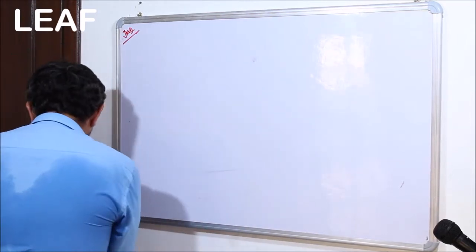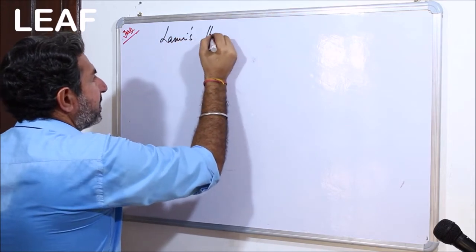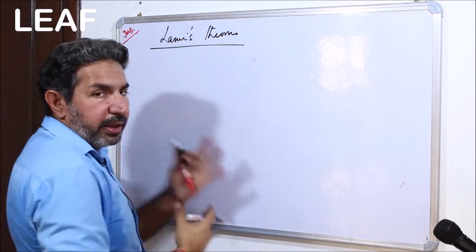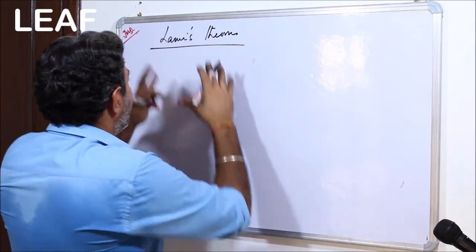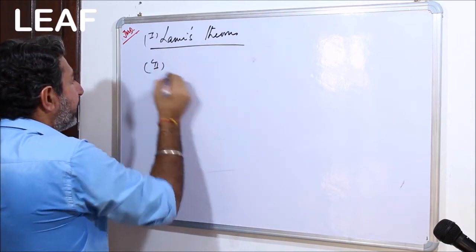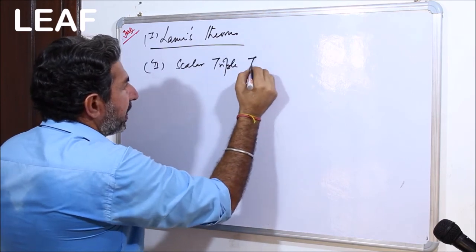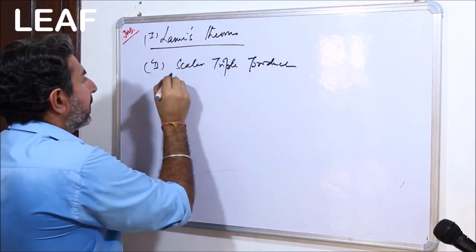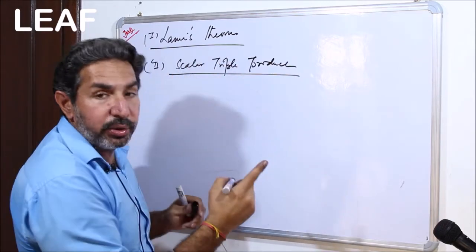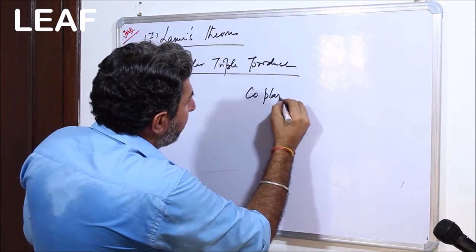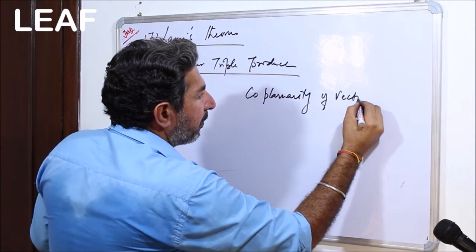Fine. And the two segments: one is Lami's theorem. It's again somewhat related to vectors, but it's a very indispensable part of dynamics also. So Lami's theorem is one, and the second is the scalar triple product, because this is going to be very important when we discuss the coplanarity of vectors.